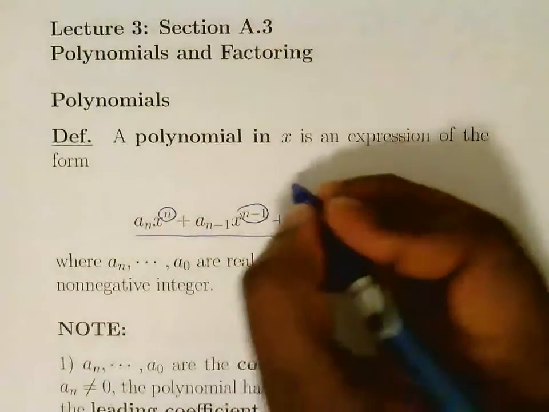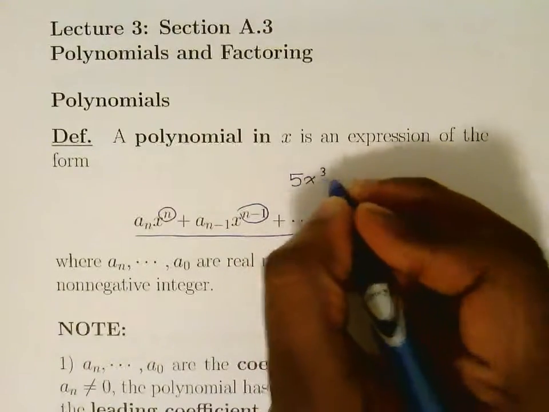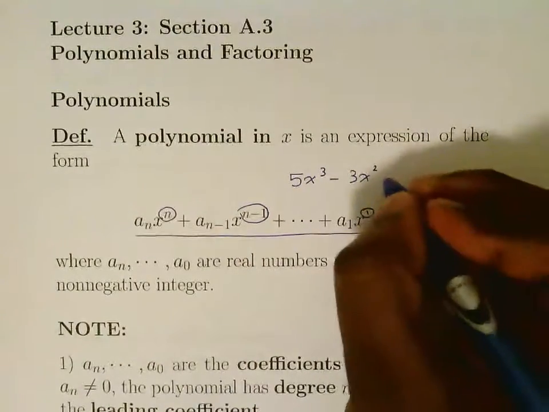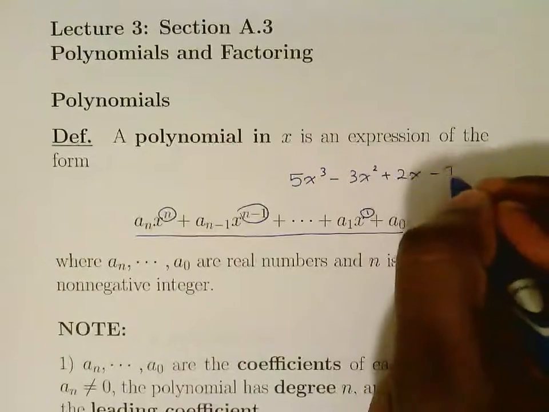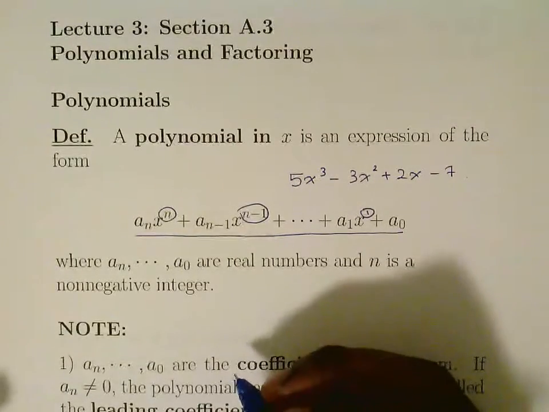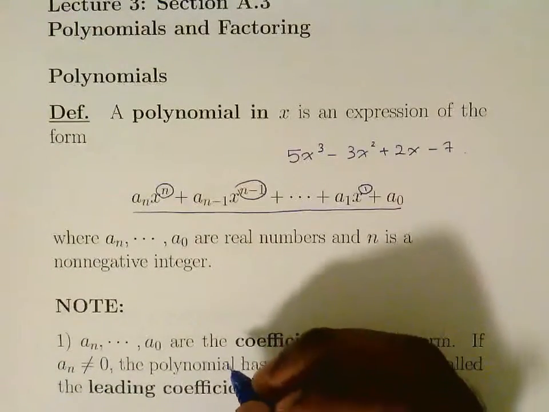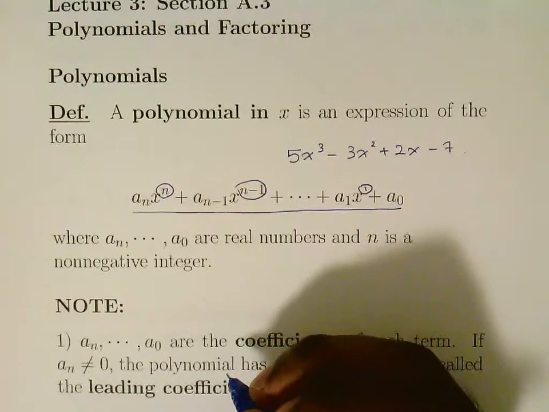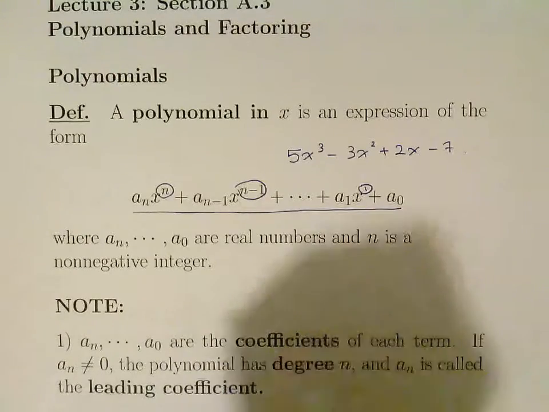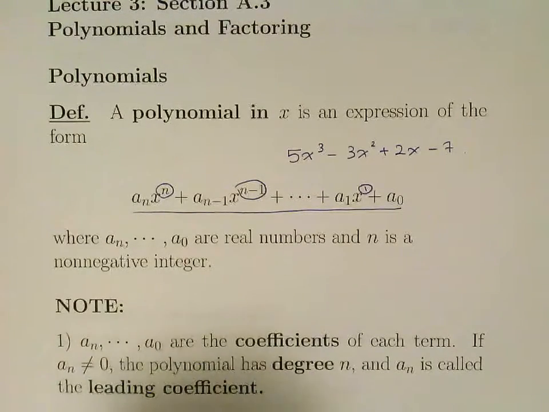For example, 5x to the power 3 minus 3x squared plus 2x minus 7 is one of these examples of a polynomial. In this lecture, we will learn how to factor and how to expand or distribute polynomials. So there are two main things we can do: we can factor polynomials and we can distribute polynomials.